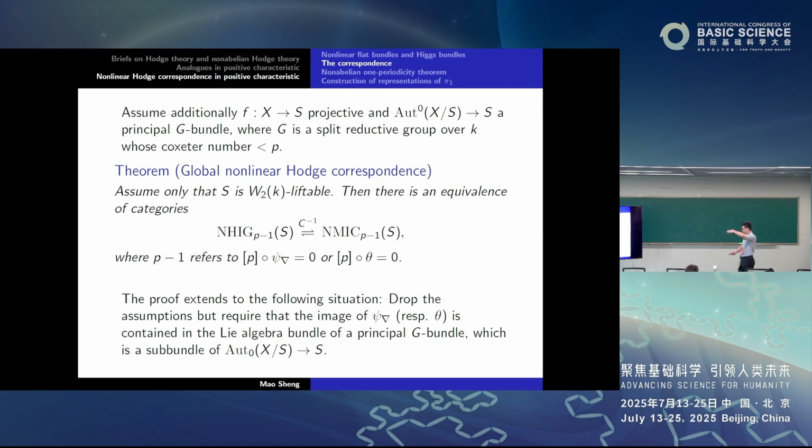In the affine case, or more general non-compact case, the automorphism group is huge. So here we assume the Higgs fields lie in some finite dimensional thing, then the proof works exactly the same.